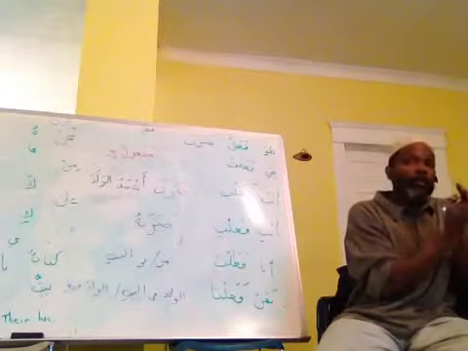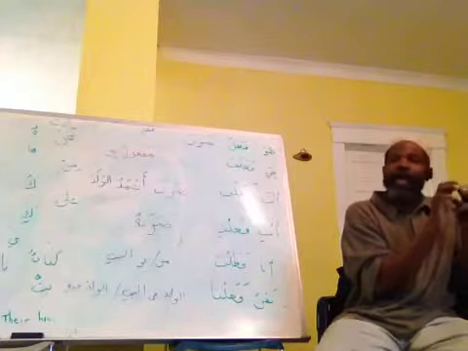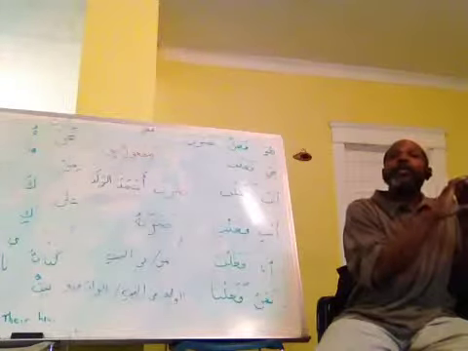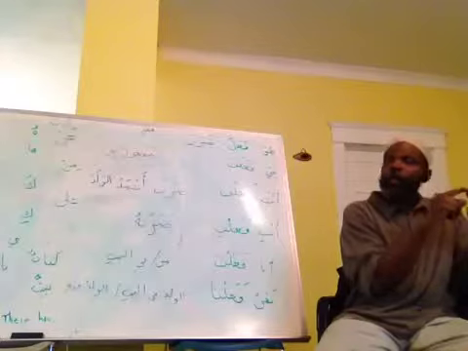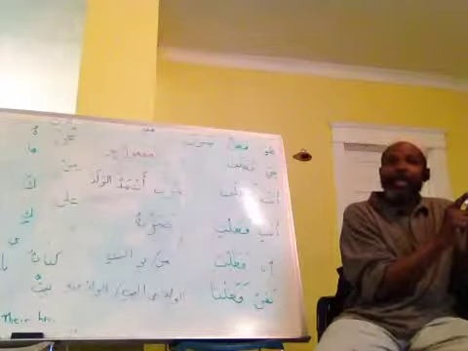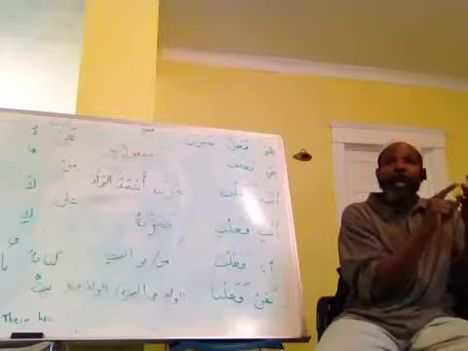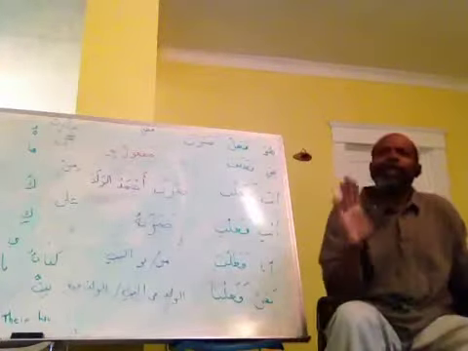What's the plural? Hum, huma, and then hunna. Meanings: hu means he, his, or him. Ha means her.